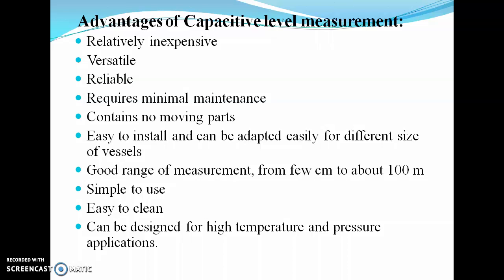It has a good range of measurement from a few centimeters to above 100 meters. It is simple to use, easy to clean, and can be designed for high temperature and high pressure applications. So these are the various advantages of capacitive level measurement sensors.